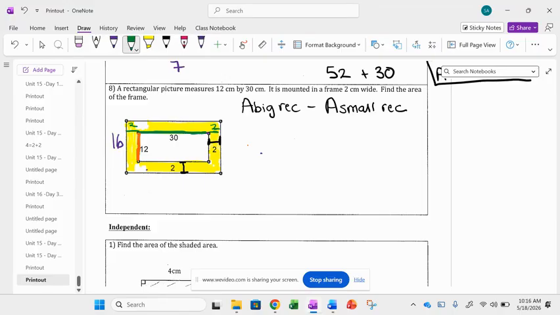So my total base of my big rectangle is going to be 30 plus the 2 on the right, which is 32, plus the 2 on the left, which is 34. So to find the area of the big rectangle, I'm going to do 34 times 16 minus the area of the small rectangle, which is 12 times 30.